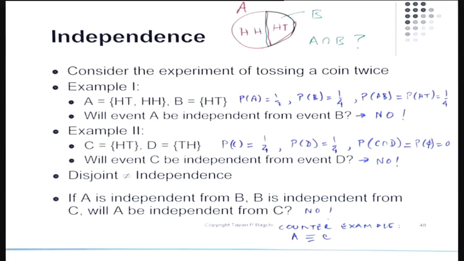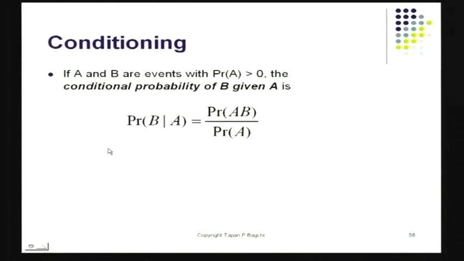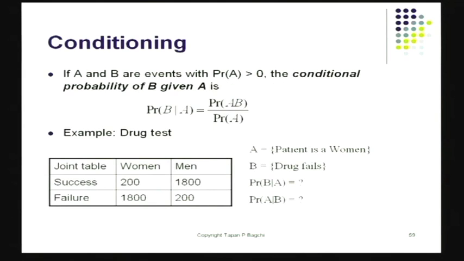Let's take a look at another situation when I'm talking about conditioning, and let's see how we work with the conditioning problem. I start by again having a joint table, and the joint table looks like this. If you look at the screen here, the joint table looks like this.